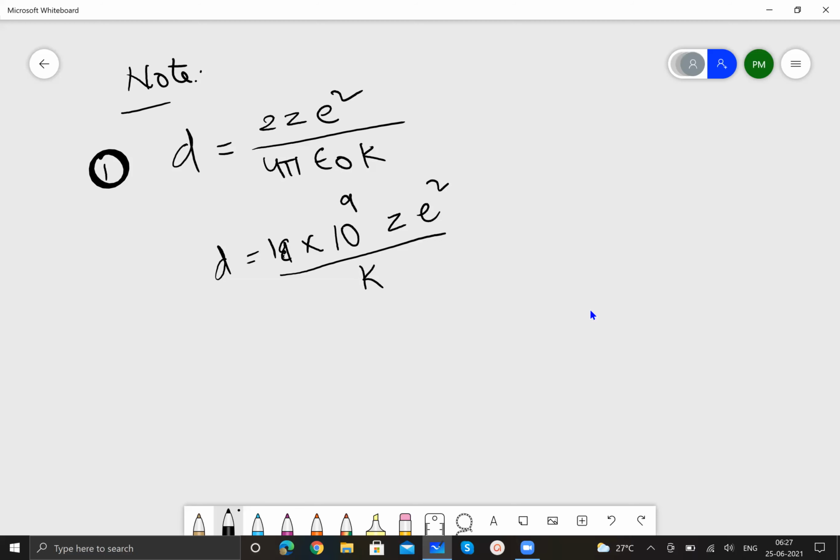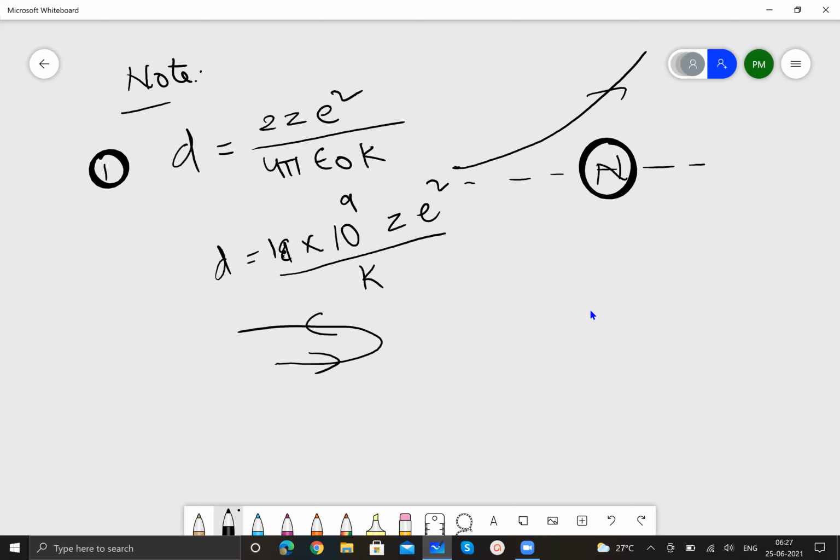Suppose this is for the alpha particle which is bouncing like this, and here is a nucleus. This is how it is scattered. This is the reference level in which the gold atom is present.